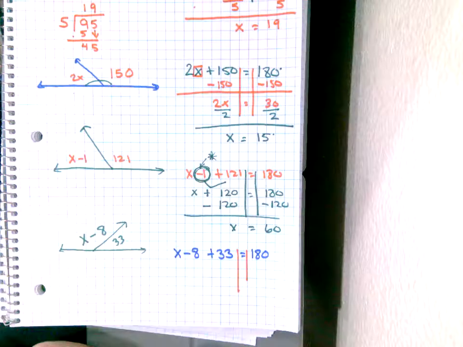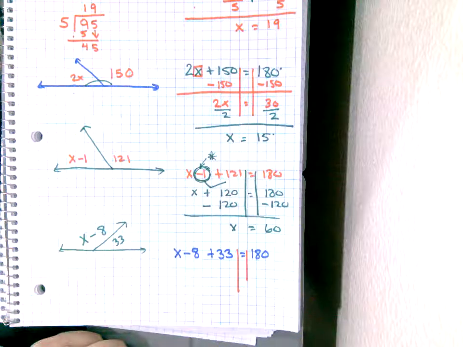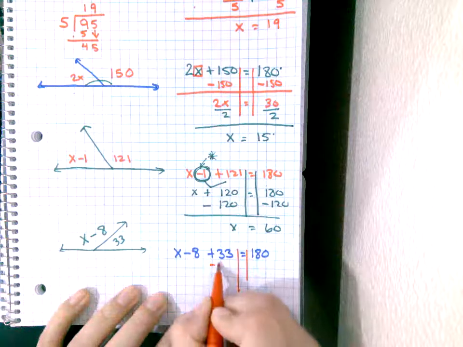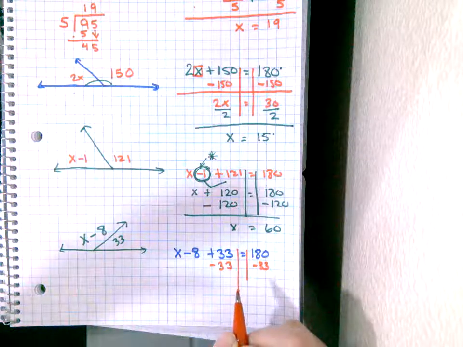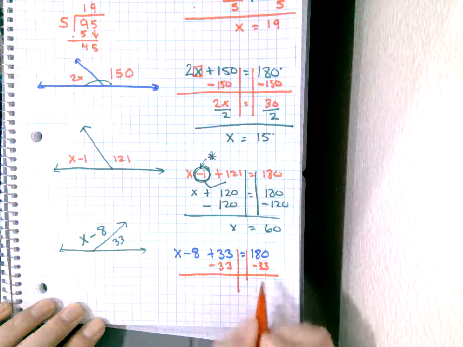Now, if you're having a hard time understanding this, you're just like, wait, what? How? Then take one number at a time and move it. So I'm just not going to do this part. I'm just going to go minus 33, minus 33. This is a different way of doing it. If you're not comfortable combining them, then take each number at a time and do the math.